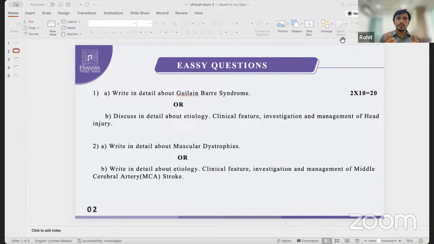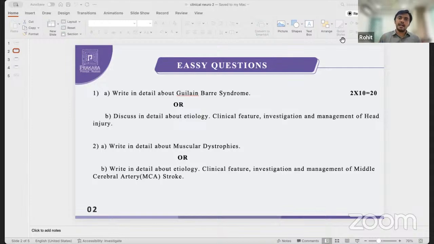And then individuals involved in contact sports, for example, rugby, boxing or wrestling, all these patients can have head injuries. And I think that completes the causes of head injuries. Then we move on to the clinical features.